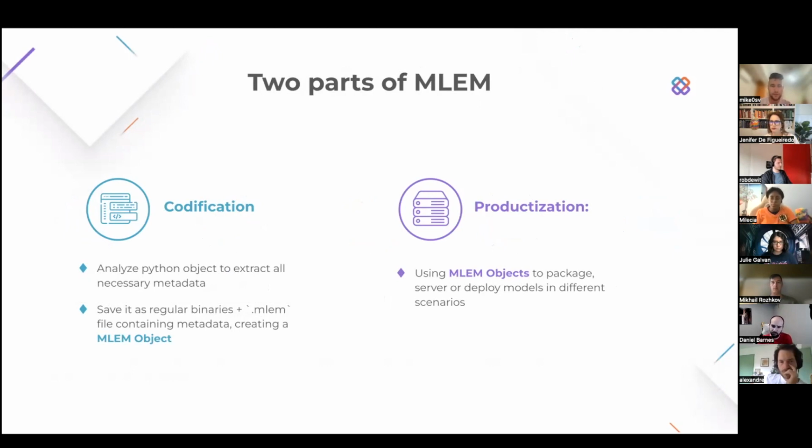And an additional .mlem file, which we call metadata file or meta file. And with this file, we say that now we have a MLEM object created from your model. And using those MLEM objects, we are able to create packages, serve your model, and deploy it to the cloud, and basically use it in different scenarios for deployment.